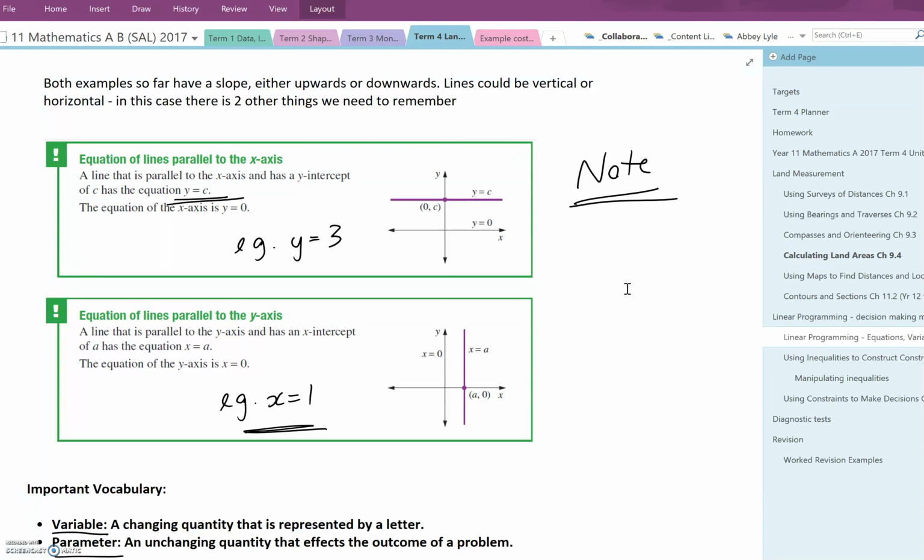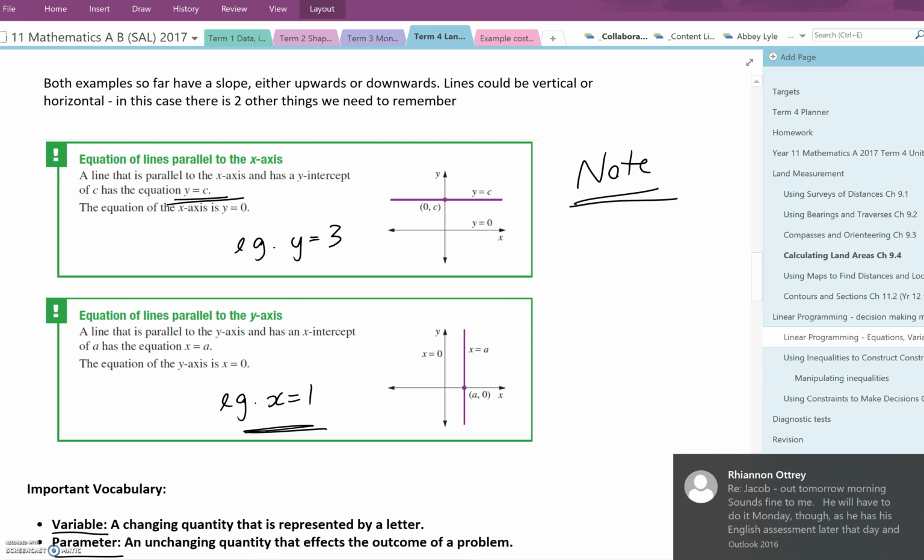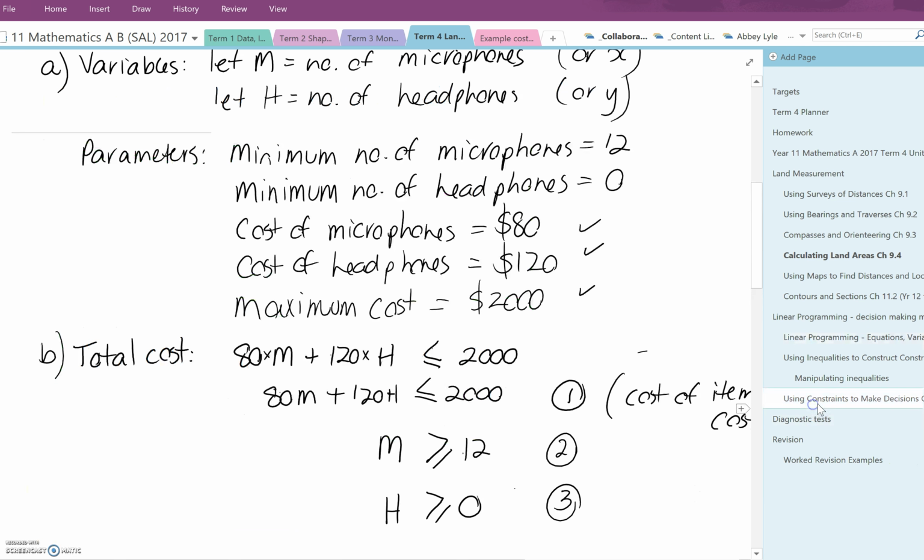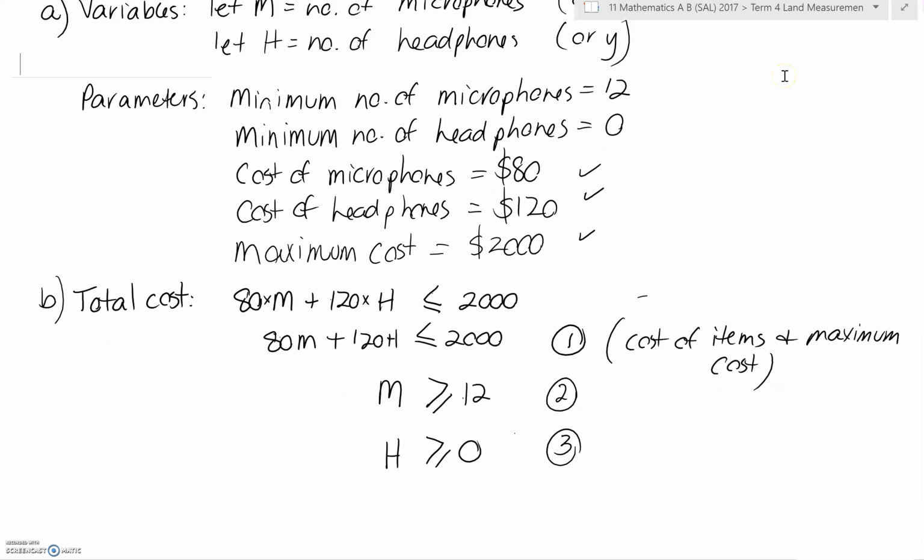So don't be afraid to get equations that only have one variable. That's perfectly fine. It's going to mean, though, that you have a horizontal or vertical line, and that's fine. So these constraints are talking about the minimum quantities required.